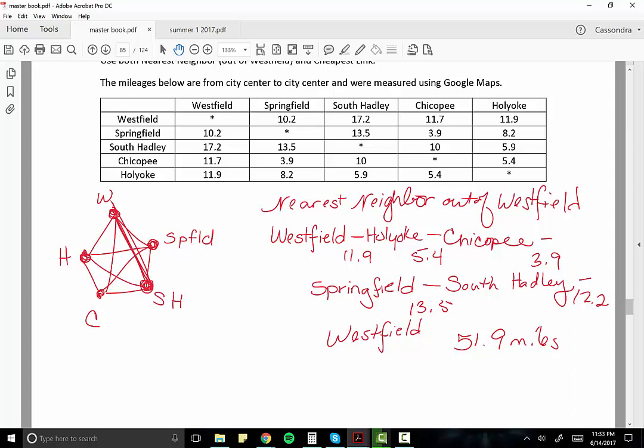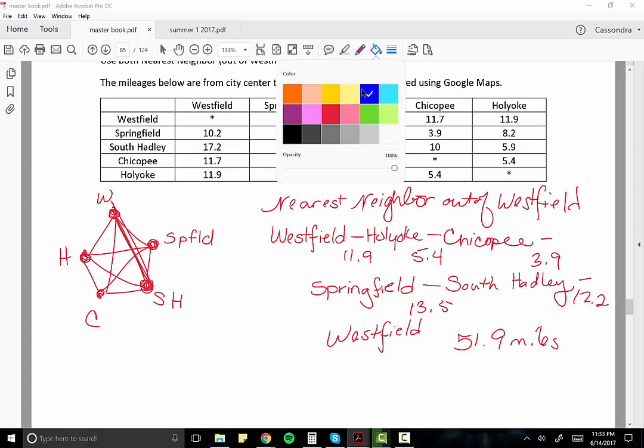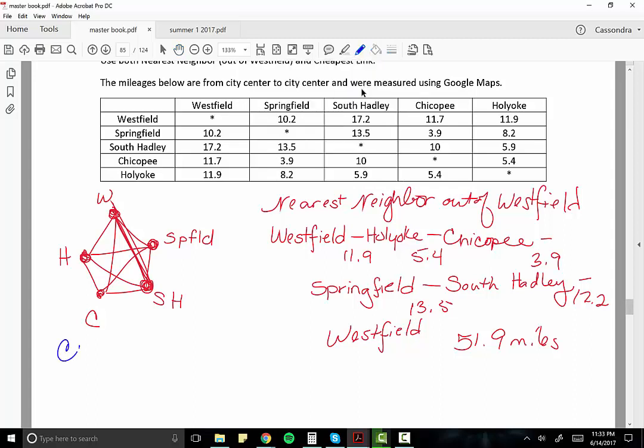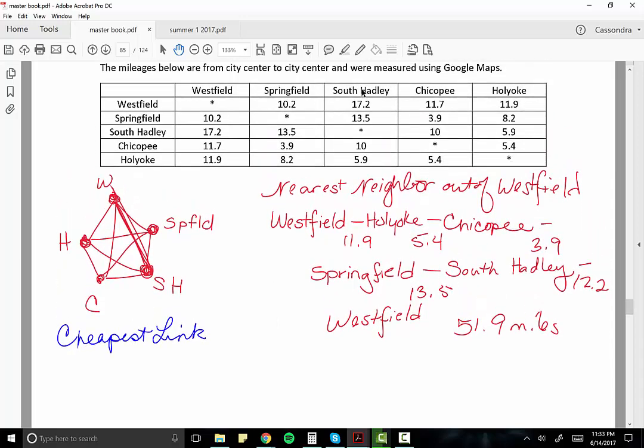Okay, now if I wanted to do a cheapest link of this, what I like to do when I have these matrices is lay out my vertices with no edges so I can keep track of where I've been. I will draw the edges as I go.